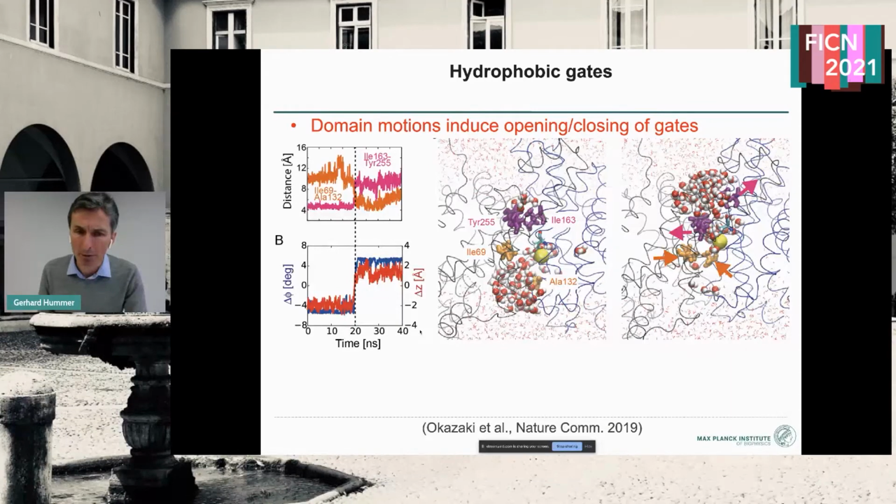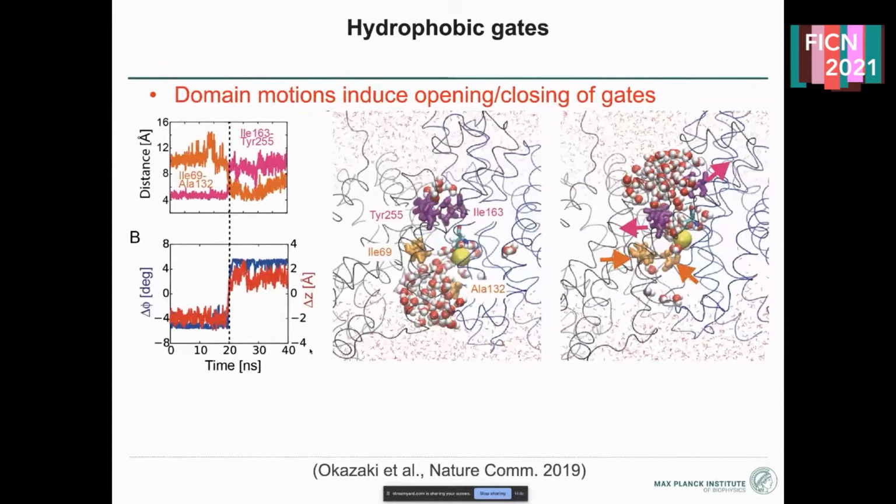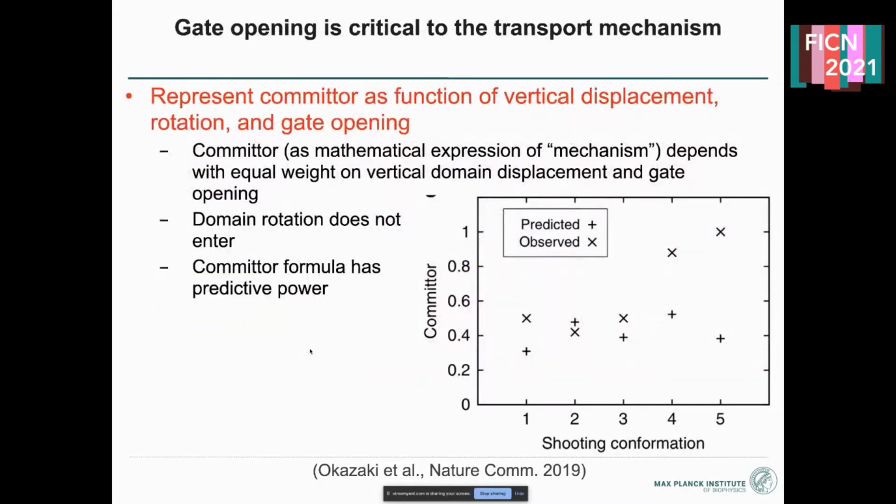In particular, above, we have a tyrosine and an isoleucine, and reliably in all transitions, they form a gate in one access state, being locked against each other, and this gate opens in the transition to the other access state. And so this was quite interesting.